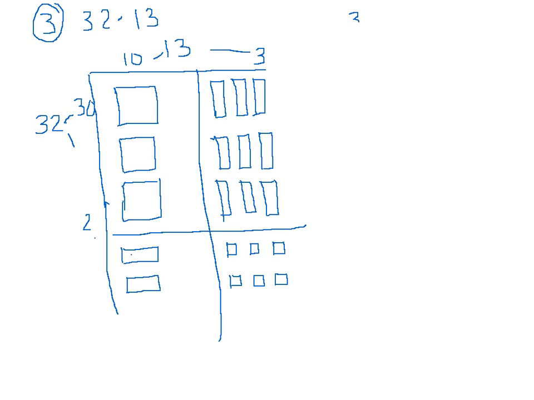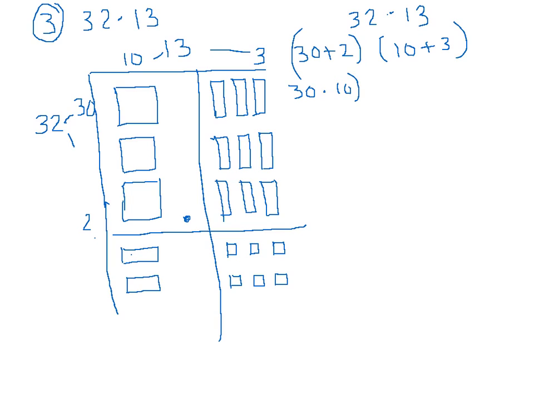Let's go record it. It's 32 groups of 13. I decompose 32 into 30 plus 2, and decompose 13 into 10 plus 3. And in this very first array, I have 30 rows with 10 in each row.